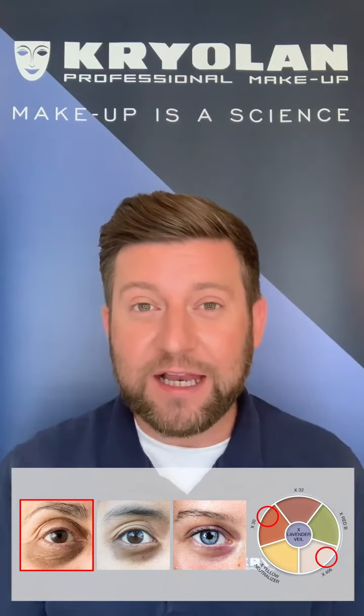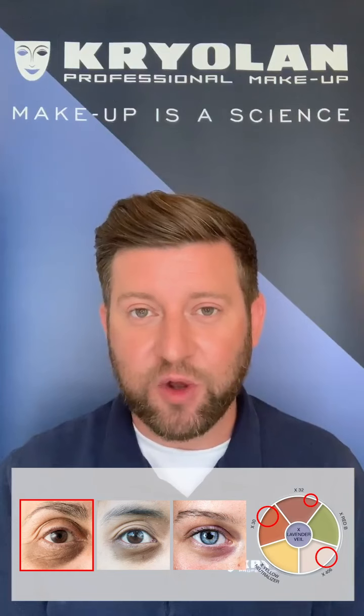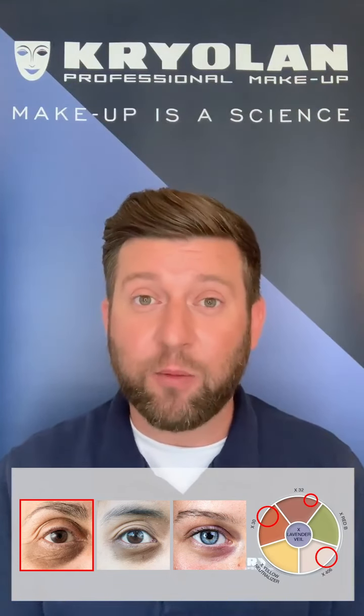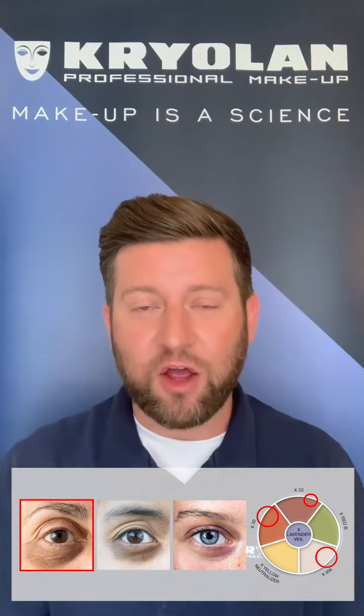Now we've mixed equal amounts of these in order to bring it closer to the example skin tone. And then we've added a little bit of X32, which is that salmon red, to help counteract the green tones within the dark circle, but also to give them slight little flecks of colour that we see in the natural undertone. So the mix of these three together would actually effectively create a perfect camouflage for this skin tone.